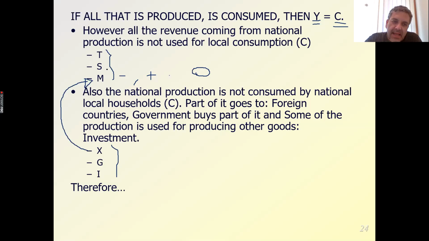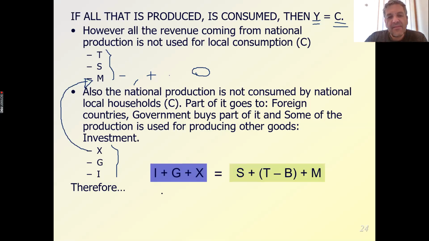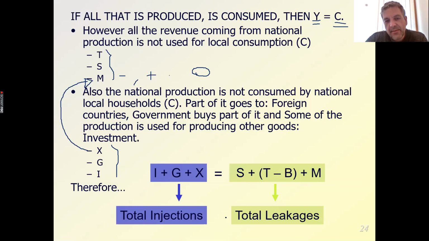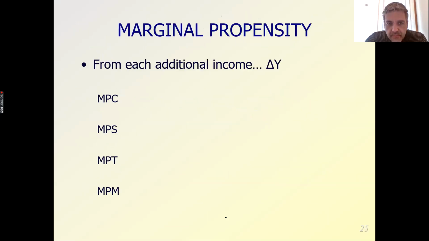However, we may say that all the money being saved is going to be reinvested in the economy via banks, and the money flowing out of the economy via taxes is going to be reinjected via government expenditures. We have a balance in the economy when all the leakages are injected back into the economy. Therefore, all the leakages equal the investment, and all the consumption equals all the production.